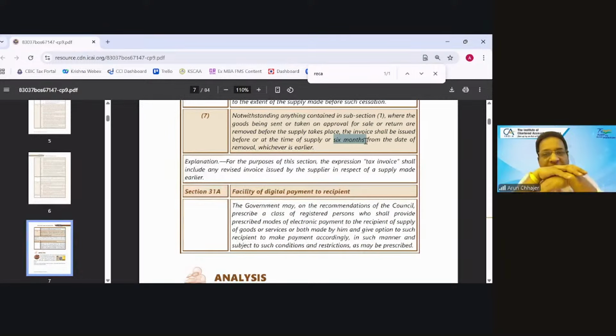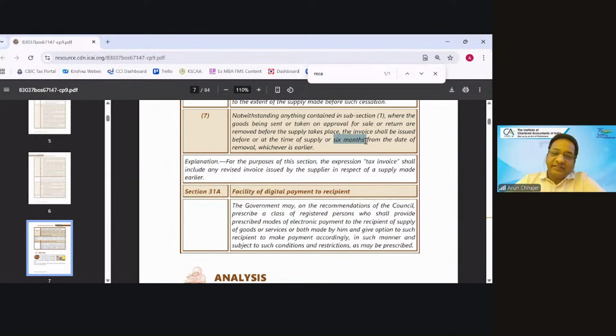So notwithstanding anything contained in subsection 1, when the goods are being sent or taken on approval for sale or return, and are removed before the supply takes place, the invoice shall be issued before or at the time of the supply or maximum 6 months from the date of the removal, whichever is earlier. Correct?